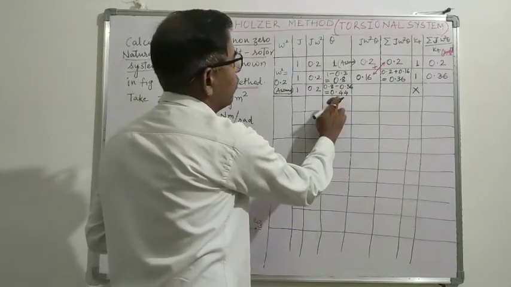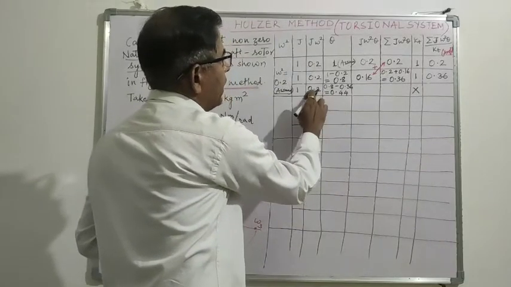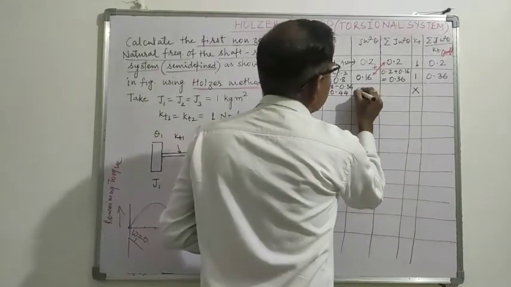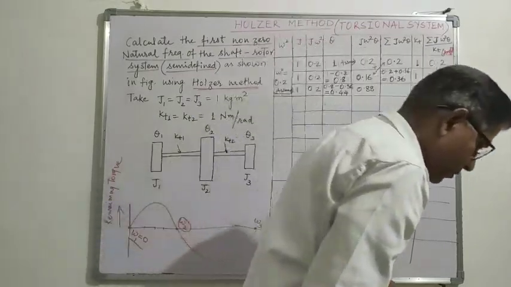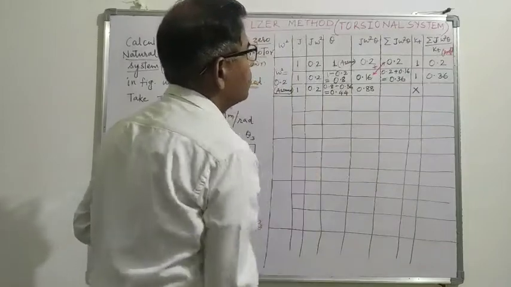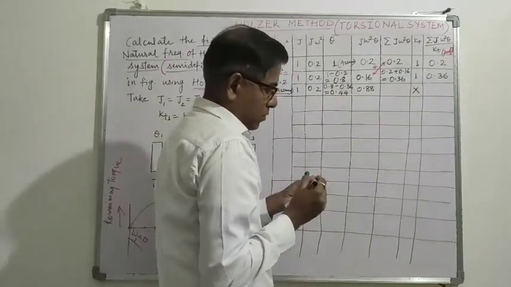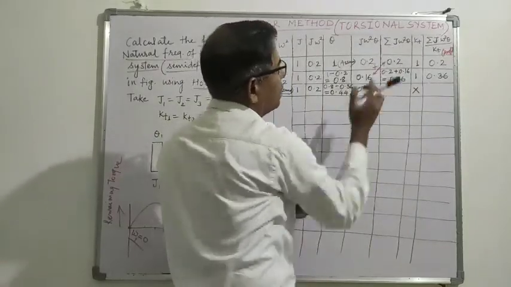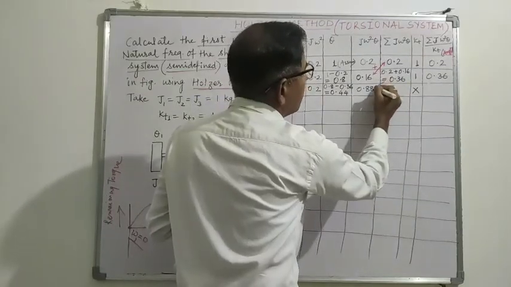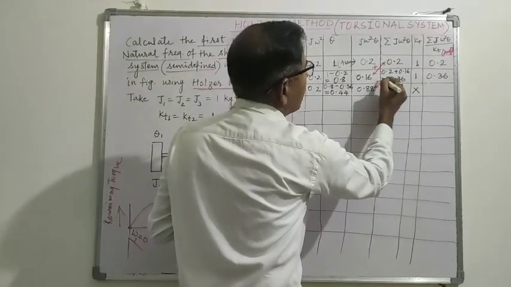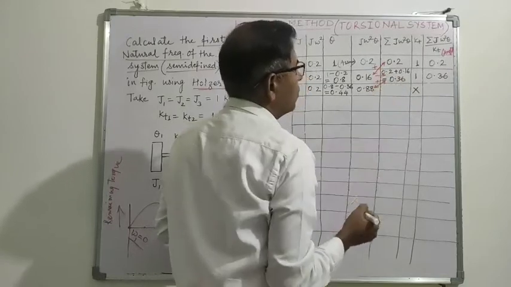So 0.44 into 0.2, the answer is 0.88. Now summation of J omega square theta is this value plus this value. So this will give this value. Okay.